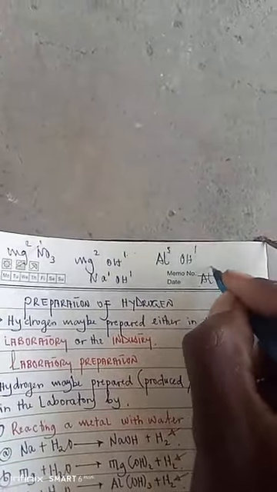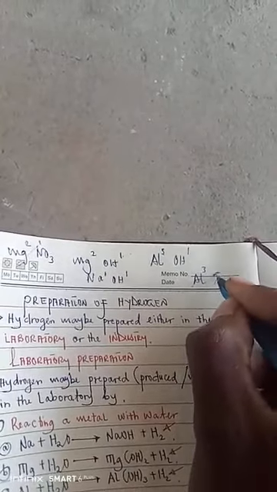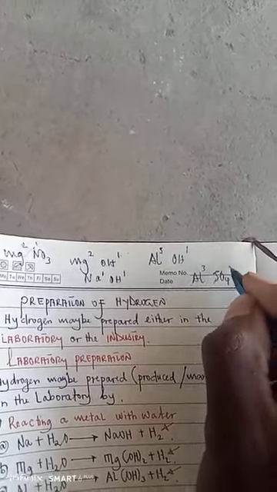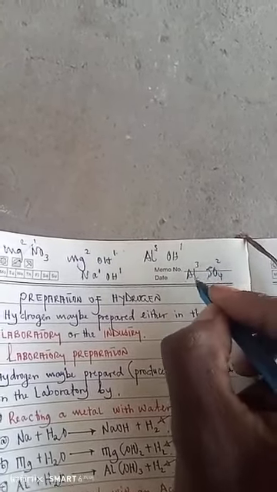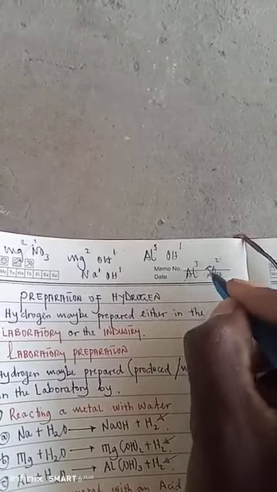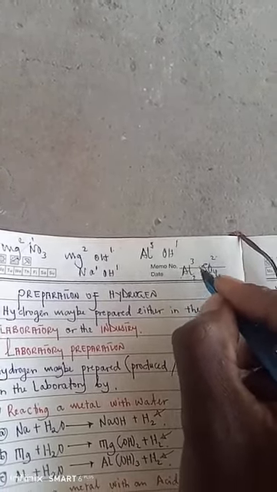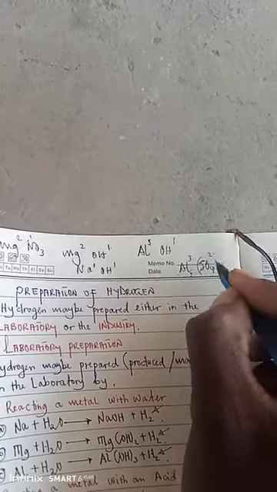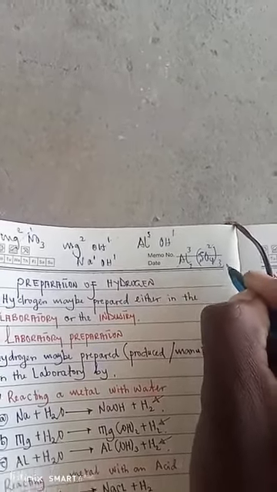Why? Because aluminium has the valency of 3, as we have said, and the sulfate is a radical, which has a valency of 2. And if we swap the two values, the 2 on the sulfate is going to come on the aluminium, and the 3 on the aluminium is going to go on the sulfate.